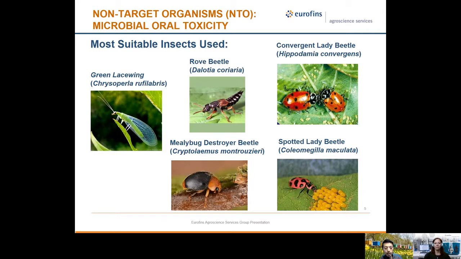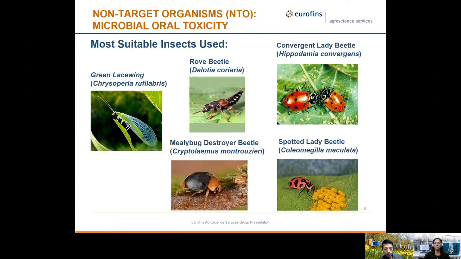On the far right, you have the convergent lady beetles and the spotted lady beetles. These two beetles will fulfill the predaceous coleopteran ecological category. The convergent lady beetles on the top right are only available between June and September because they are field collected and are seasonal.